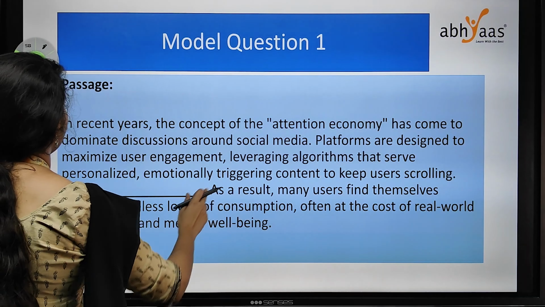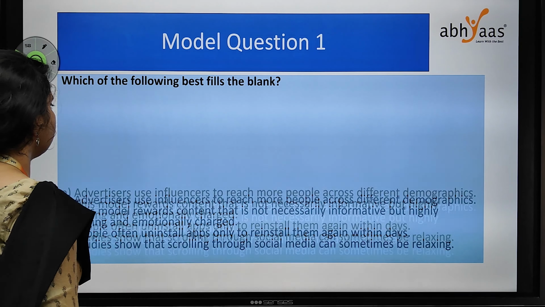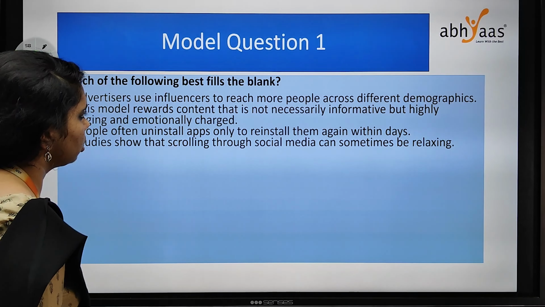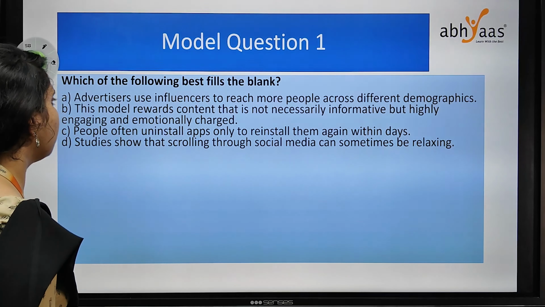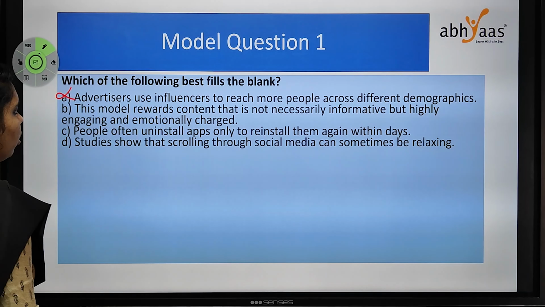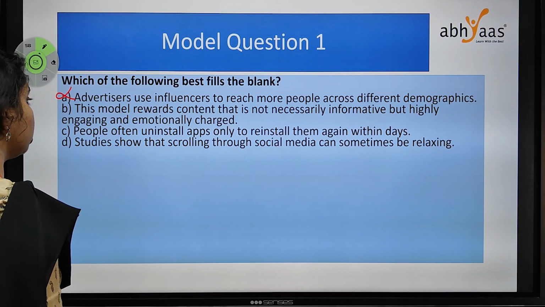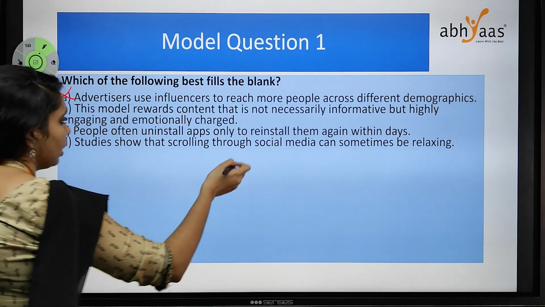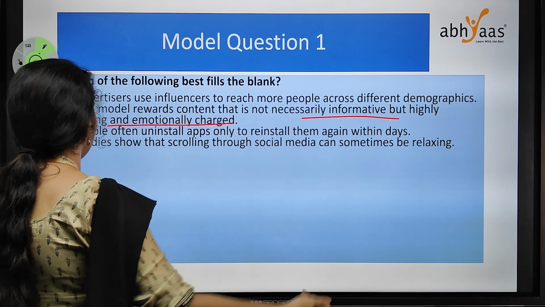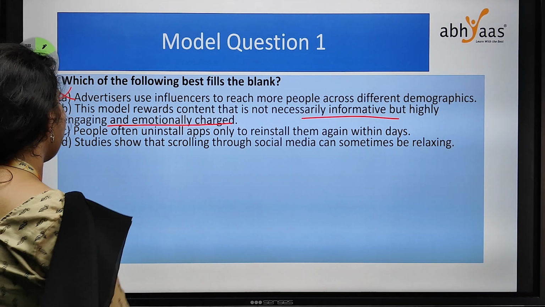Let's see the options. Advertisers use influencers to reach more people. No, nothing about influencers or advertisements. This model rewards content that is not necessarily informative but highly engaging and emotionally charged. Yes, this follows, and as a result there is an endless loop of scrolling. People often install apps only to reinstall them within a few days.